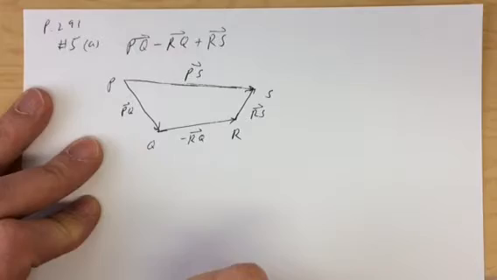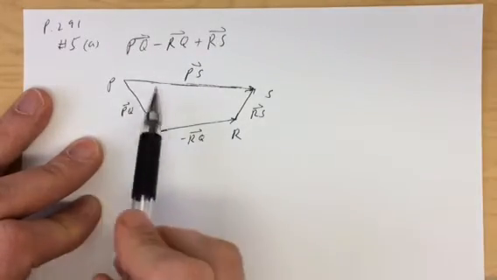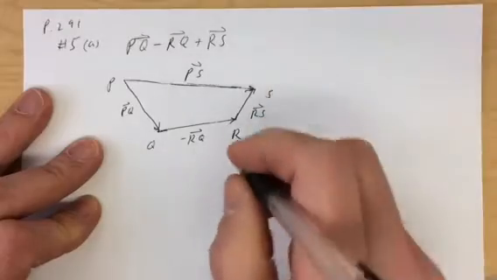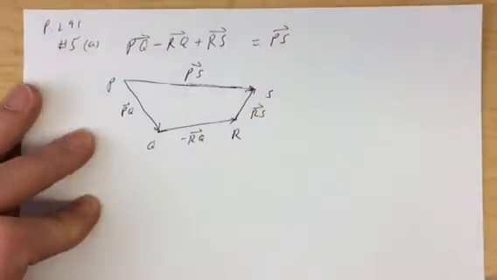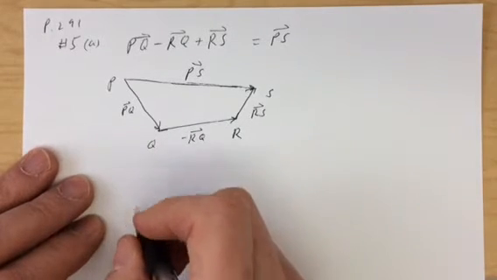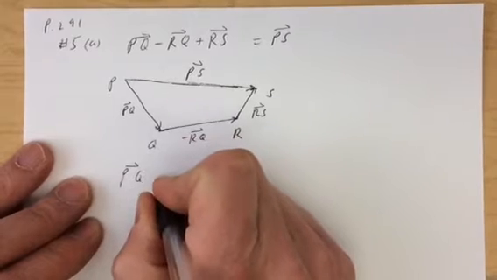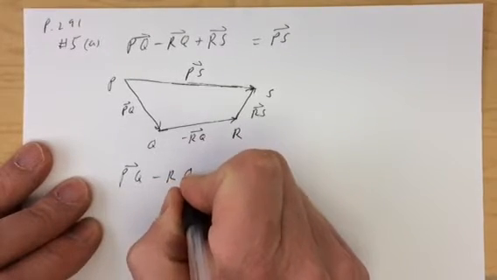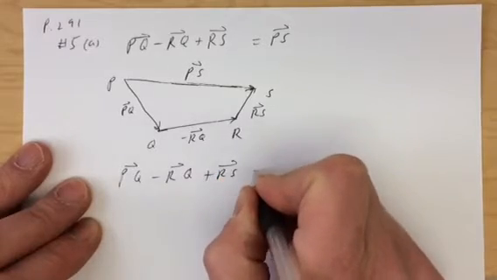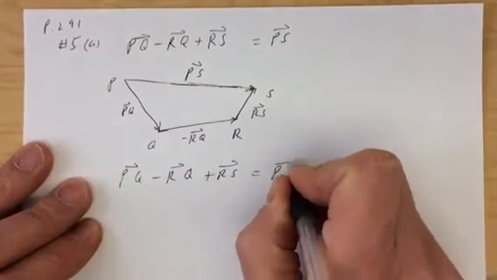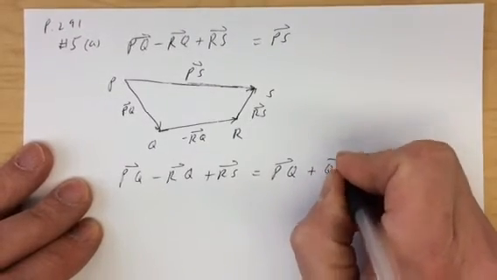Okay, so when you follow this expression, you're going to end up with PS as the solution, the resultant. Algebraically, if you want to look at this, so PQ minus RQ plus RS equals PQ plus QR.